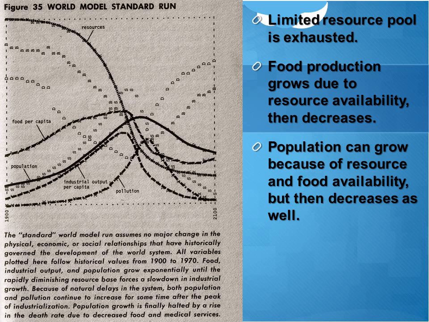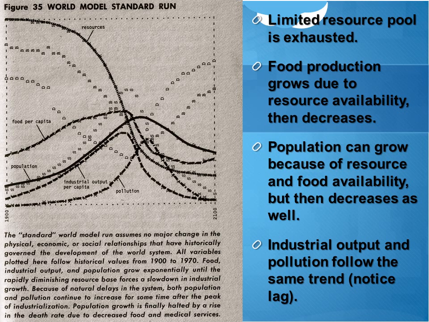Population also can grow because of resource and food availability. So there are resources, there's food production, so people can grow. But of course, when resources start running out and food production starts slowing down, then population also starts decreasing.